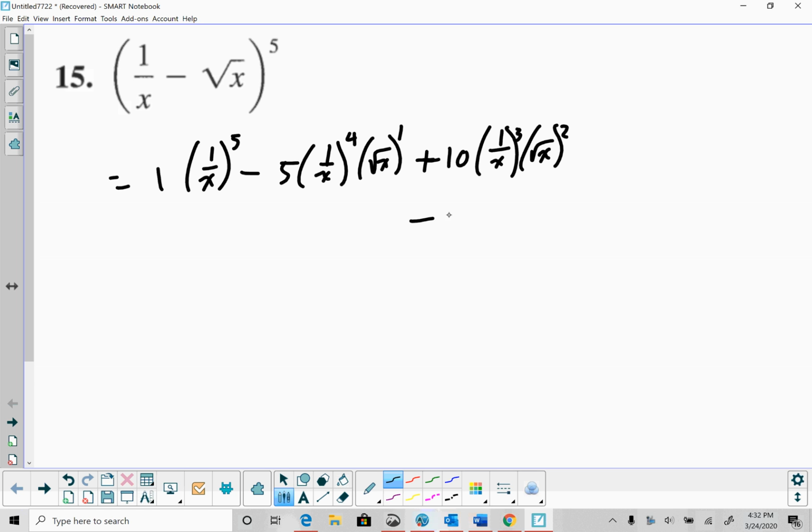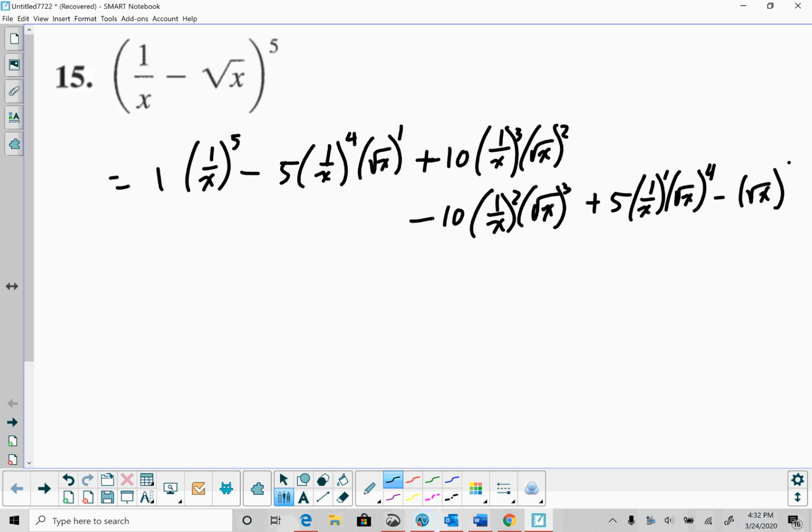I'm running out of space, so next term, again, alternate: 10, 1 over x now squared, square root of x up to the third, plus, back down to 5 is the coefficient, 1 over x to the first, square root of x to the fourth. One last time, alternate signs here, square root of x to the fifth.